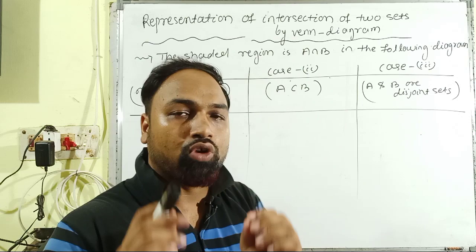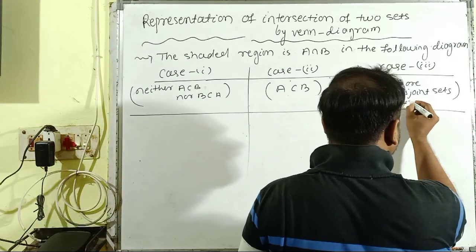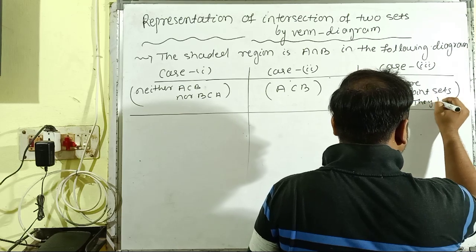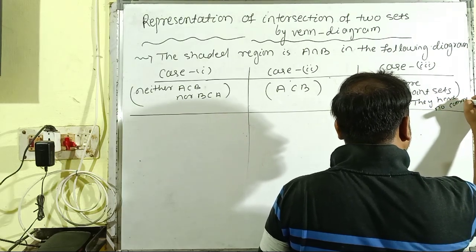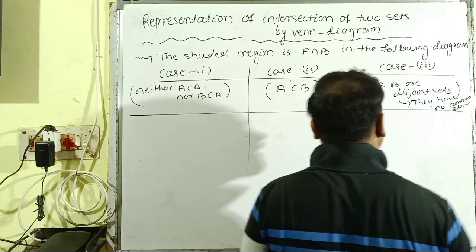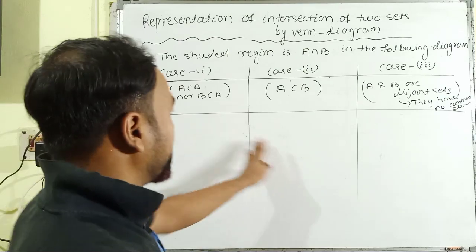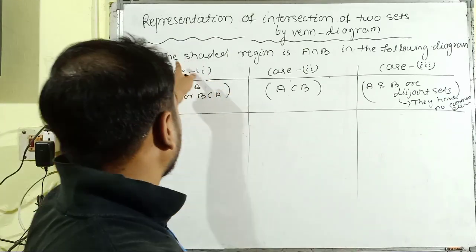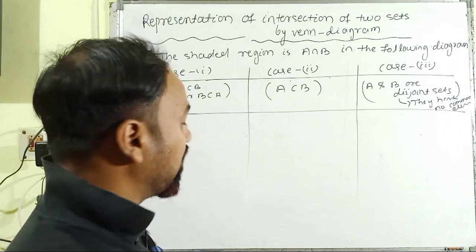That means they do not have any common element. So we will draw three Venn diagrams for the three cases, and the shaded region will be the final solution, or it will be the intersection of A and B.